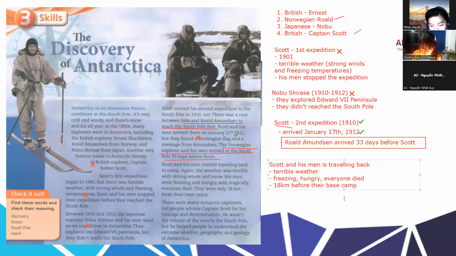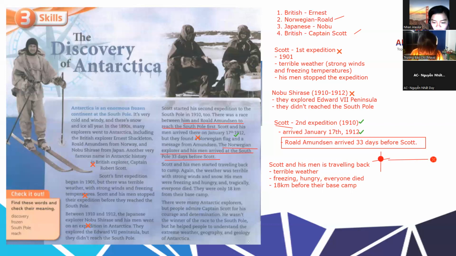So for example, this is Scott and his men, and this is the base camp. They only had 18 kilometers left to the base camp. But sadly, they all died here. They weren't able to reach the base camp.